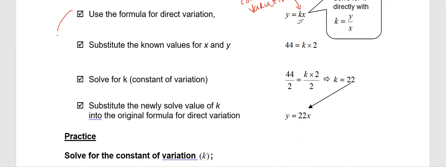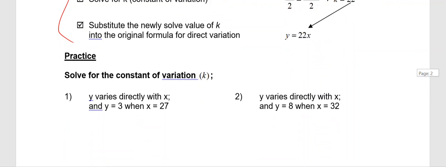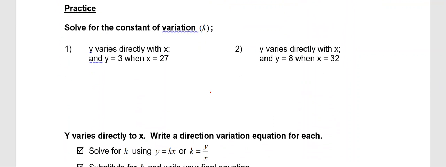All of this, y equals kx, solving for k, and ultimately writing the equation, is exactly what we just covered in the last lesson. So let's see what's different about it. Well, as I mentioned, the language is going to be different. Generally with direct variation, we're going to see the phrase that says y varies directly with or directly to x.